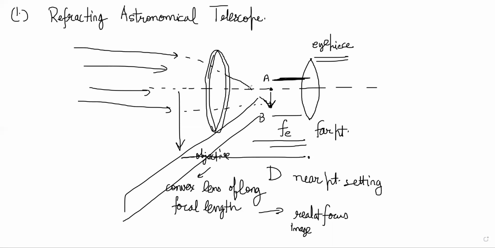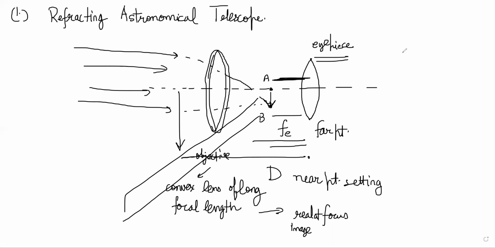Now, again, magnification, if we want to find out, the first thing that we need to do is to realize that always the object is considered to be located very far away, right?